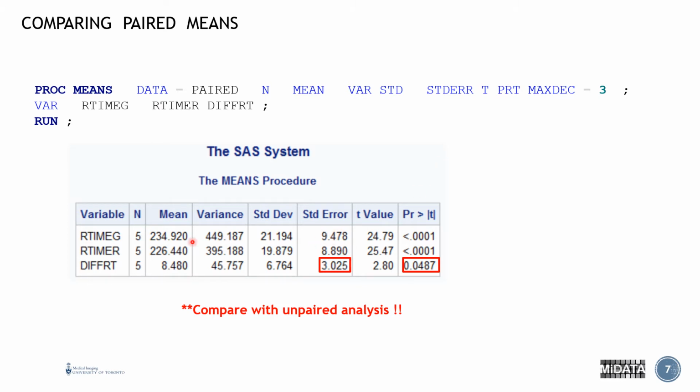In this case, of course, 234 is definitely significantly different from 0. 226, of course. 848, well, actually, it's only just significantly different from 0, but it's still significantly different from 0. So keep that in mind.